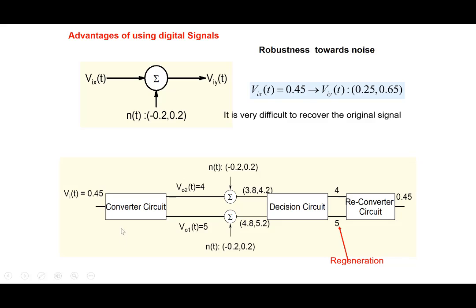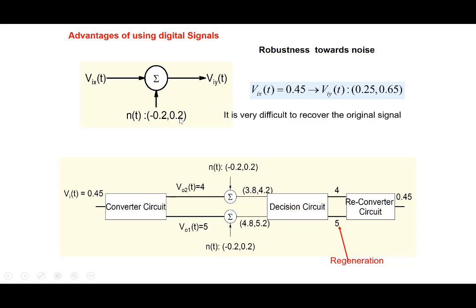So this is just a simple example to illustrate that when noise gets added to an analog signal, it becomes difficult to determine. So if you're wondering, well, we have taken 0.45 while here it is 4 volt. Suppose we had taken 4 volt here, and to 4 volt we add noise, so it becomes 4.2 or 3.8.